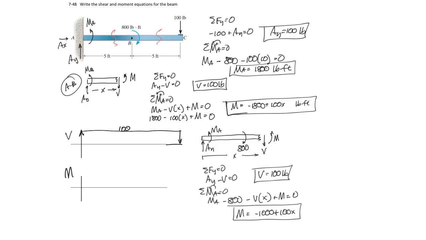Okay, let's go ahead and look at the moment graph here. So what we're going to do is find out what it is between A and B, and then from B to C. So let's look here at x. Here's our equation. At x is equal to 0, moment is equal to negative 1800. So I'll say the moment graph starts at negative 1800.